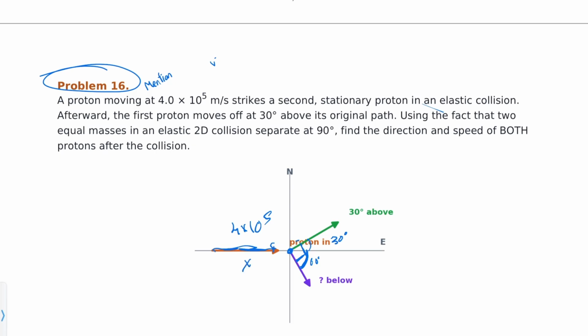And then the sine terms have to cancel each other out, because this one has no y direction. But I'll just leave that to you, okay? Because it's pretty simple. I just wanted to mention how to do it, because it could be tricky if you don't know the fact that in an elastic 2D collision, they separate at 90 degrees.